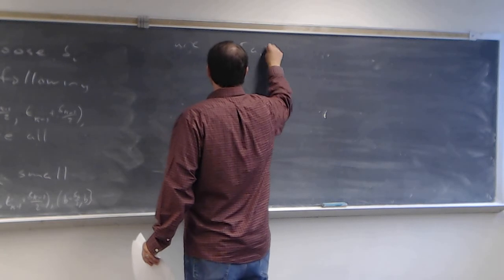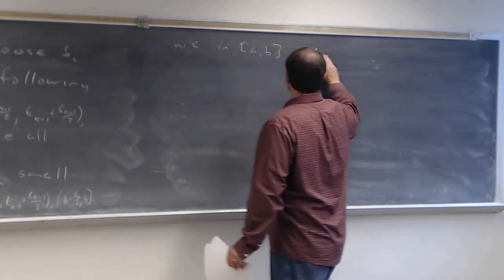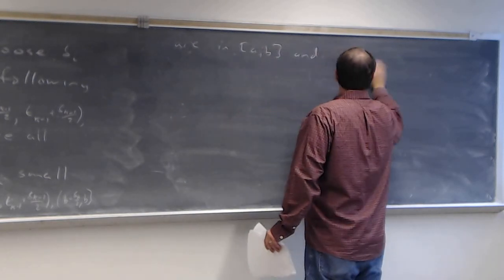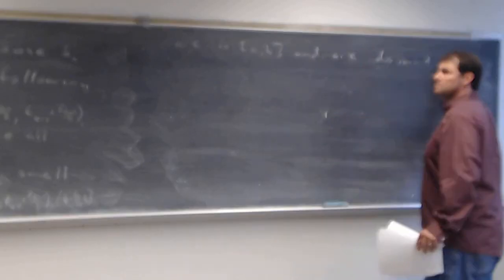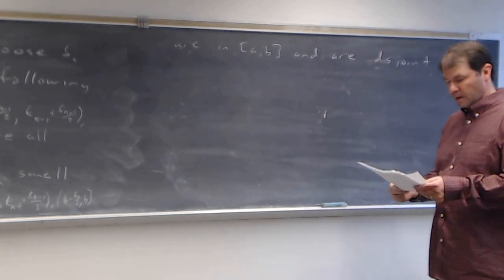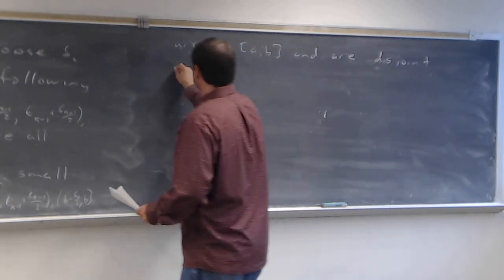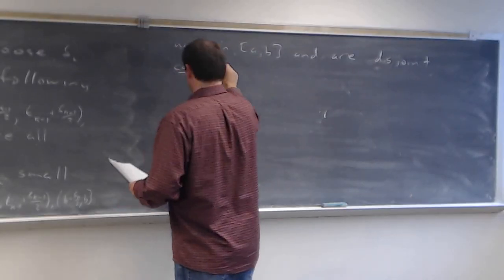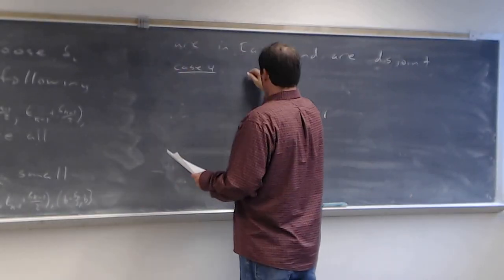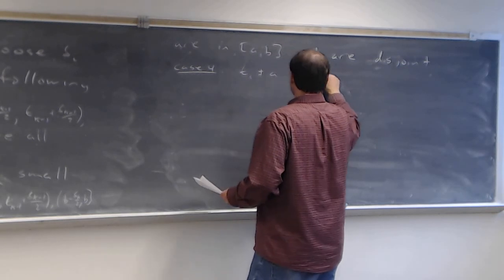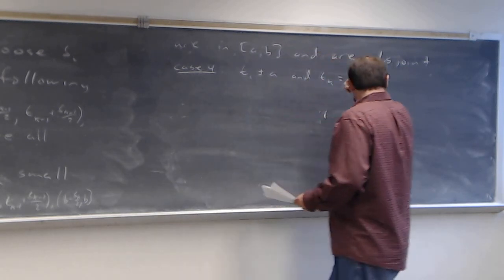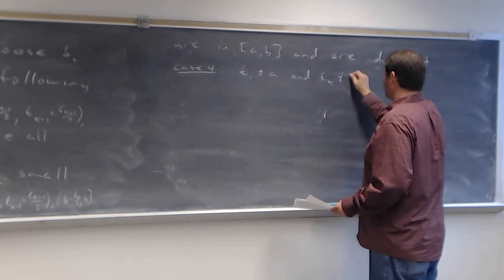are in a to b and are disjoint. Okay. And in the last case, we have t sub 1 is different from a, and t sub k, the last point of discontinuity, is different from b.